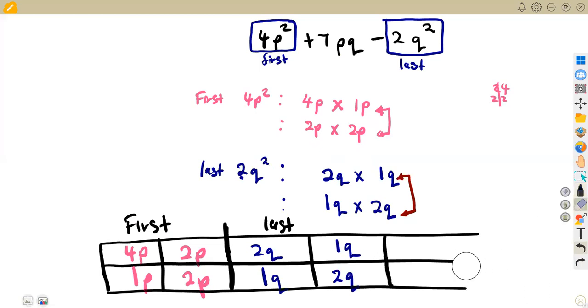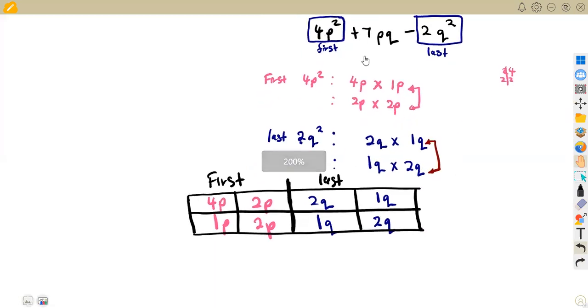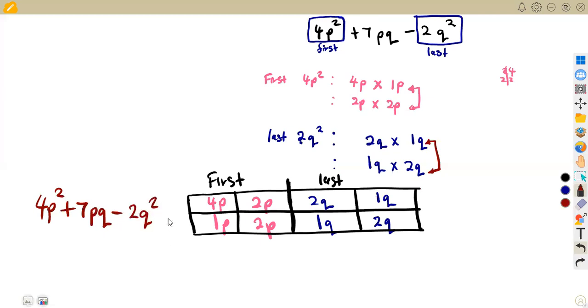Now, like I said, at this stage you do your trial and error. You consider that I'm supposed to get 4p squared, 7pq, minus 2q squared from these terms.